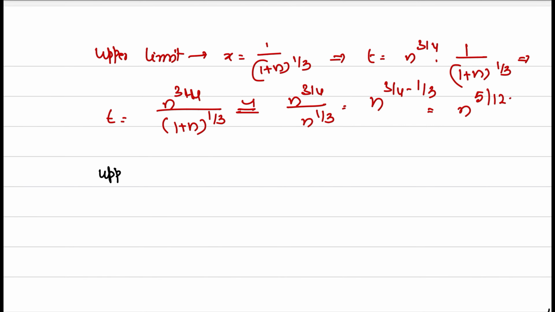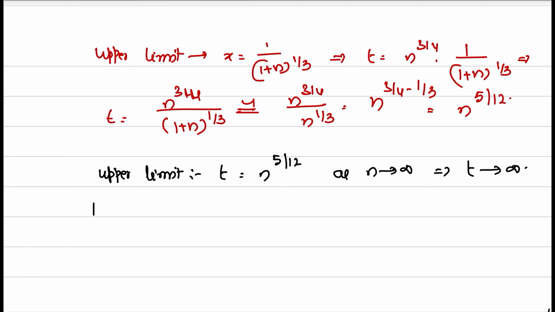Upper limit for t is n to the power of 5 by 12. As n tends to infinity, t tends to infinity. Hence, lower limit is equal to 0, upper limit is equal to infinity in the definite integral.